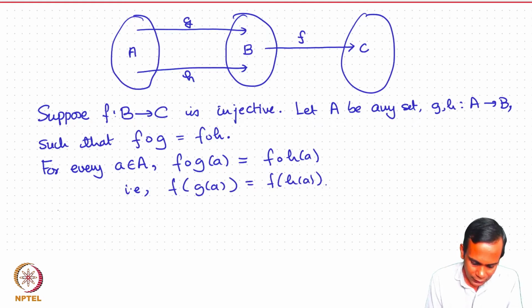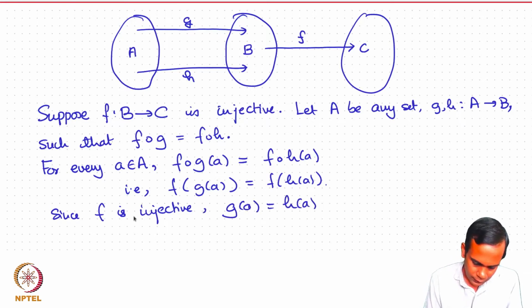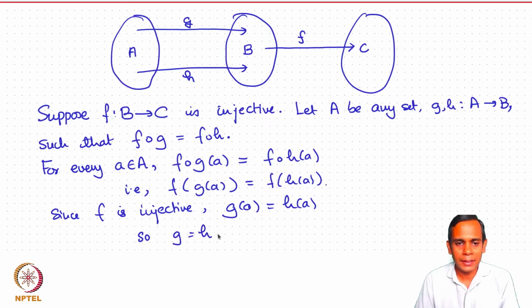But since f is injective, this implies that g of a is equal to h of a. And since this is true for every a in A, g is equal to h. So this shows that if f is injective, then f is a monomorphism.